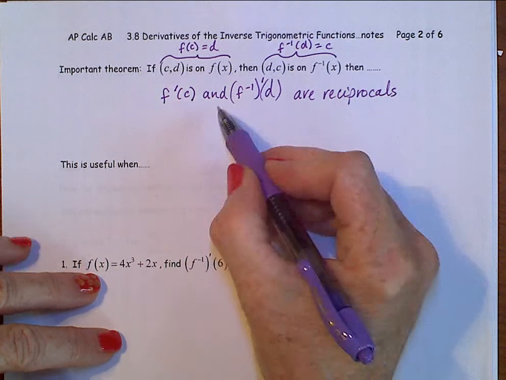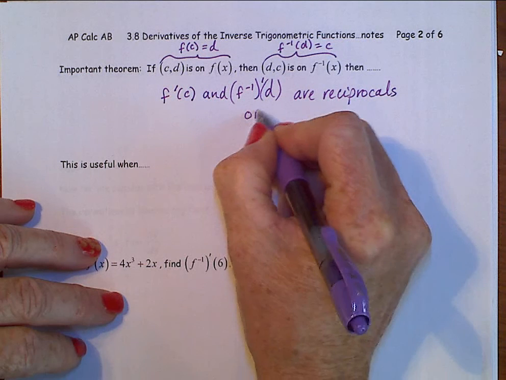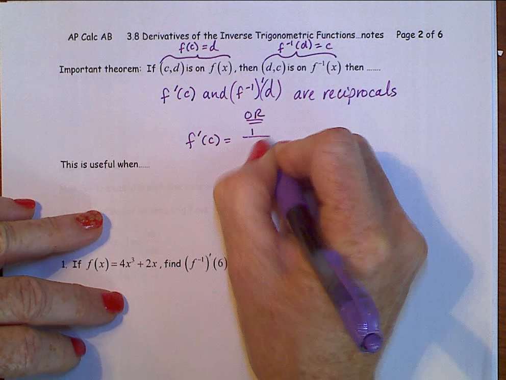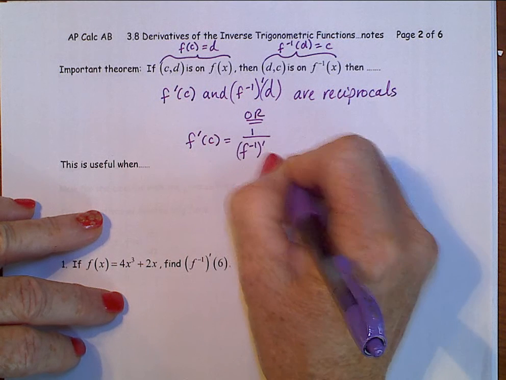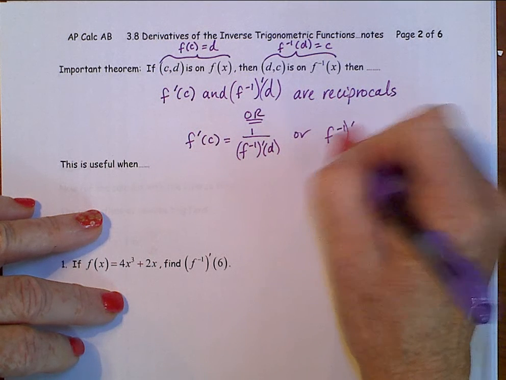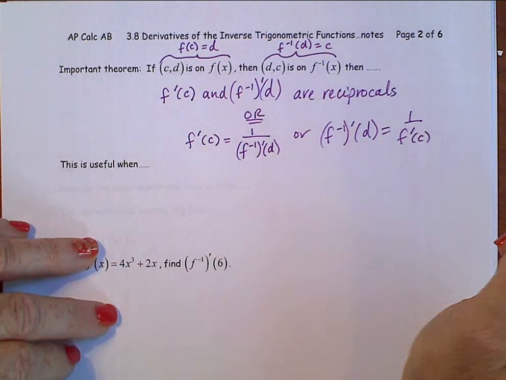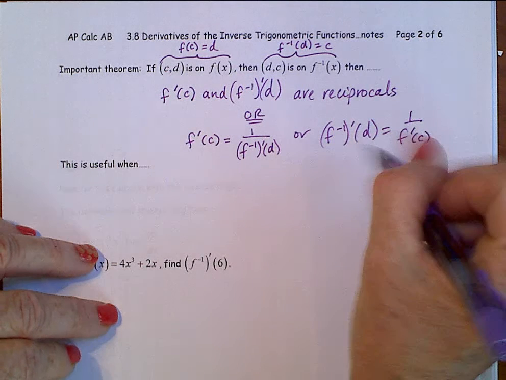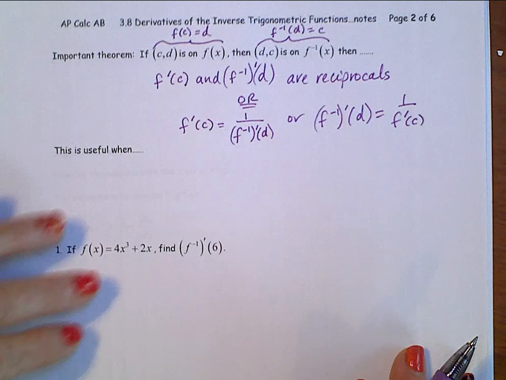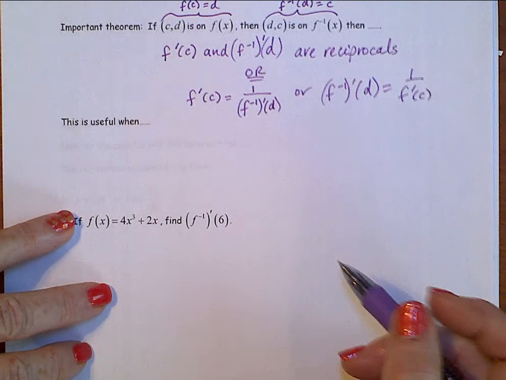I like to write it this way because it's easier for me to think about, although in most textbooks you'll see it written this way: f prime at c is 1 over f inverse prime at d, or even f inverse prime at d is 1 over f prime of c. Either way, the point is that those two are reciprocals of each other. This concept is very useful when we cannot actually find the inverse of a function.